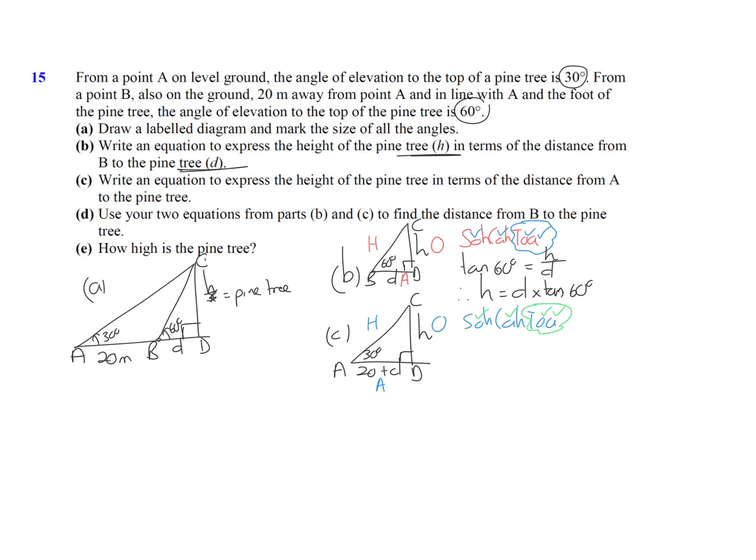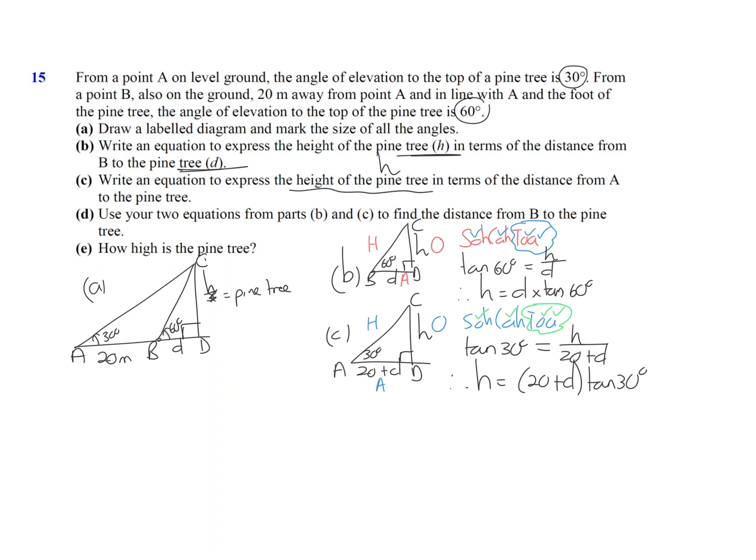So I can write down tan of 30 degrees is opposite h, over adjacent 20 plus D. Read the question again, and it says the height of the pine tree, and that's h in terms of that other distance. So let's get h on its own. So backtrack, multiply by 20 plus D. So h is, in a bracket this time, 20 plus D, times tan 30 degrees.